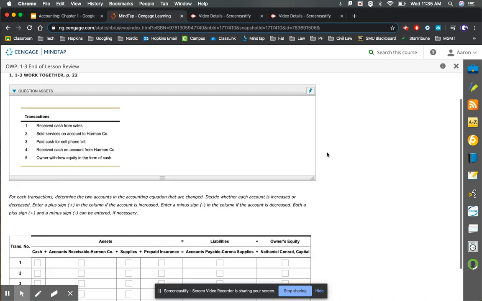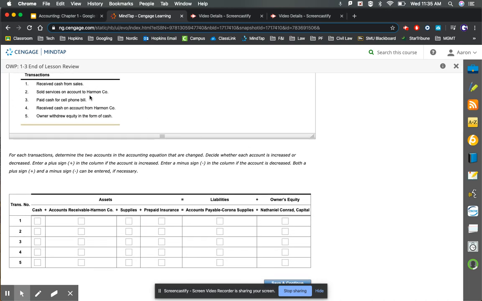So if you want to try it yourself before you actually do it, go through, enter your pluses and your minuses as you go. So cash from sales again, cash goes up and owner's equity goes up. Now, one thing to note, I thought it would give you the wrong answer as you're going through, but it doesn't. So make sure you're trying to do these and do them correctly. Revisit the slideshow, revisit the textbook for help.